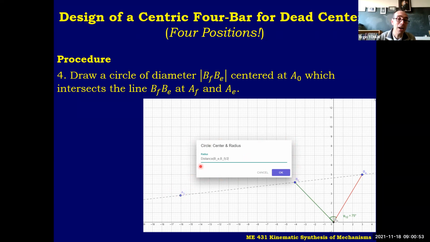What I do is I write distance B extended, comma, B folded is the diameter, and divide by 2. That's all, okay? You don't need to type a number. Most probably it's something dot something, something, something. You don't need to do it, okay?